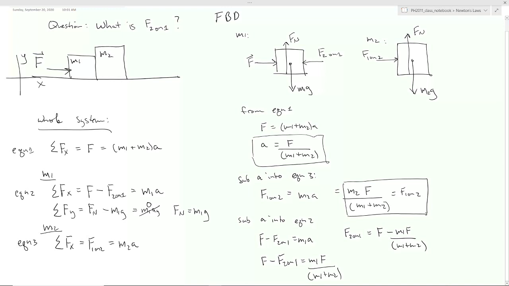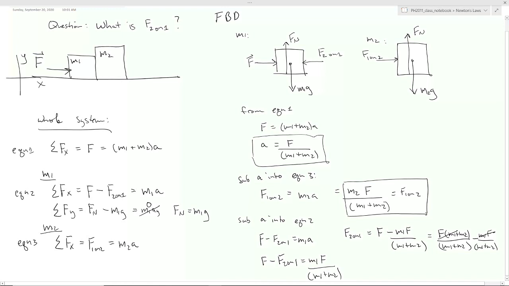If we do that, they now have a common denominator. And notice we have an M1F minus an M1F, so these would cancel.